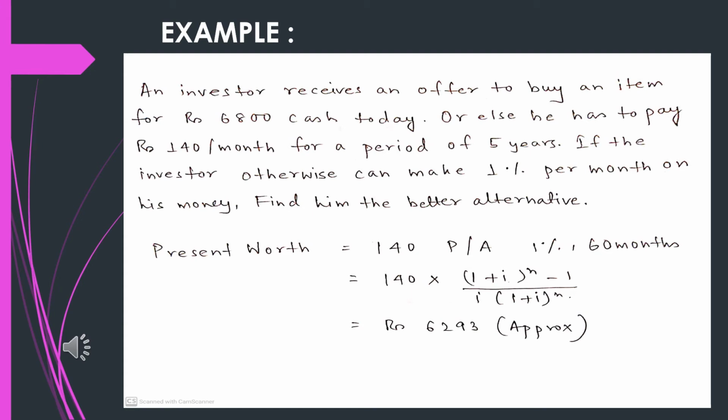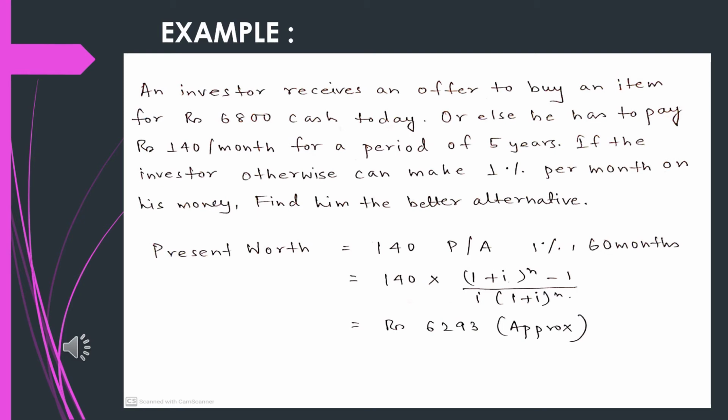The first decision is which worth I should be calculating. Here the first option for the investor is already in present worth, so it is very feasible for us to calculate the second option in present worth itself.